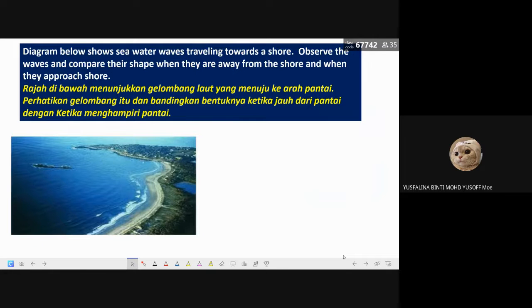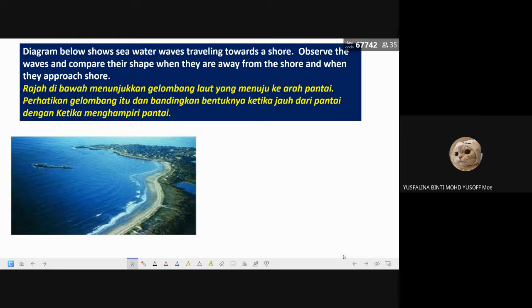The diagram below shows seawater waves traveling towards a shore. Observe the waves and compare their shape when they are away from the shore and when they approach the shore. You can see they follow the shape of the shore. Why does this happen? This happens because of the difference of depth.